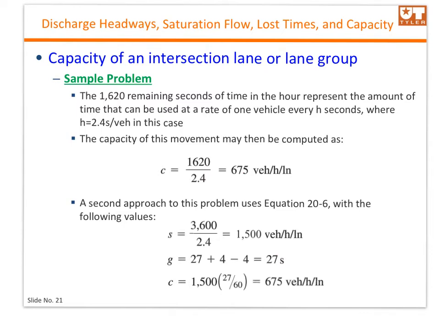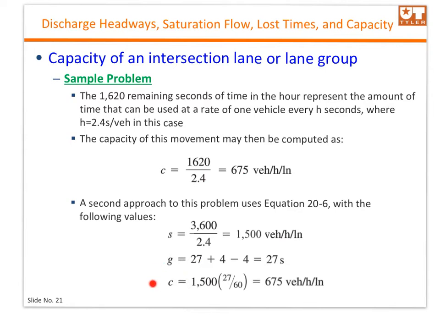And now I can get the effective green time, which is 27 seconds the green, plus 4, which is the yellow time and the all red time, minus 4, which is 2 seconds each for the lost time that we have every cycle, and therefore the G, the effective green, is 27 seconds.